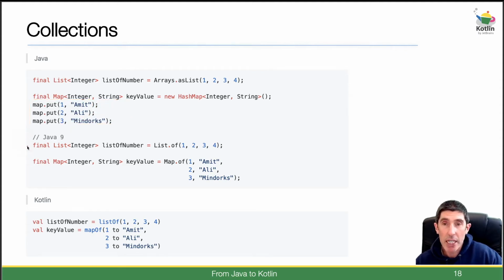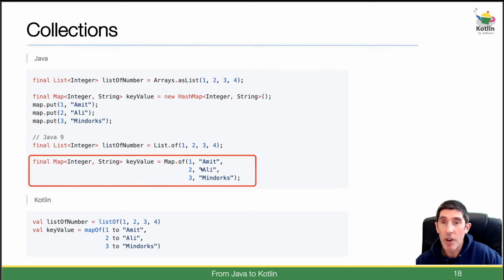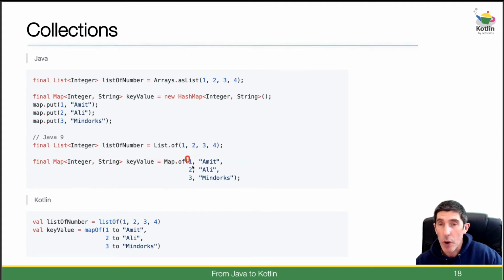In Java 9, it's a little bit of an improvement. We just call List.of instead of having to use Arrays.asList. And similarly with the map, we can say Map.of and directly pass the values into the of call on the map itself.